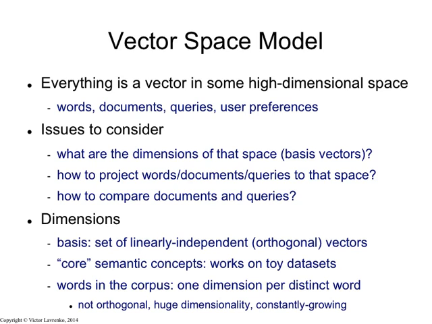Right, so dimensions, that's a really critical issue, and while there are many different alternatives to try, there is basically a dominant way to do it, and that is to use individual words as dimensions of the vector space. So for every word in the vocabulary, you're going to have a different coordinate vector.